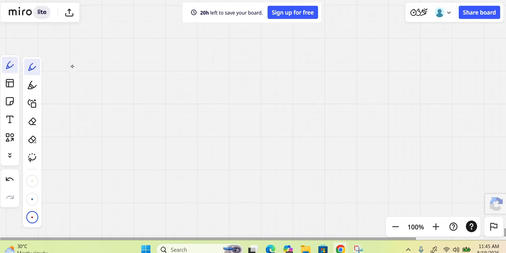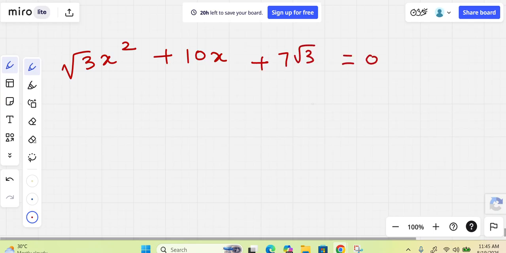How will you do it if they ask you to solve this? What will be the steps to do this? Similarly, another question is, what will be the steps to solve this?